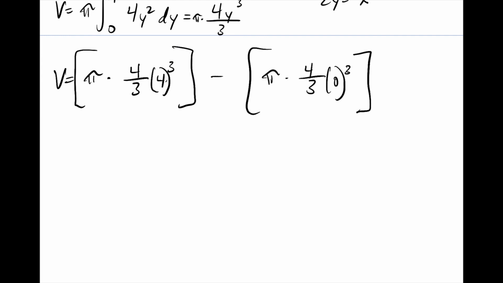4 cubed is 64. 64 times 4 divided by 3. Okay, so 256 divided by 3 pi. And over here, it cancels out 0.